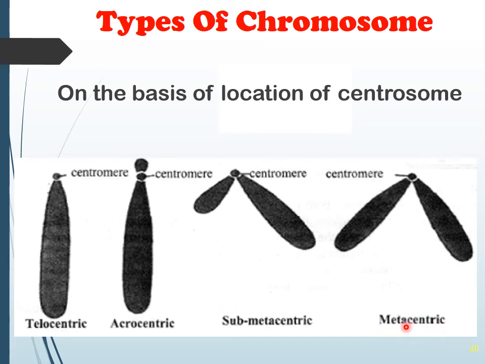Meta means exactly the center. The second type is submetacentric. What does this mean? The centromere is shifted to either side of the chromatids. Not exactly at the center, it will be slightly shifted from the center. That is called submetacentric.